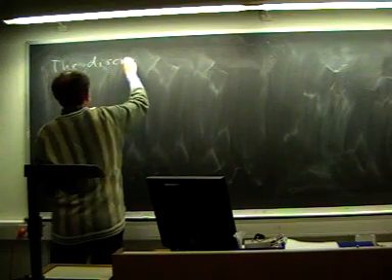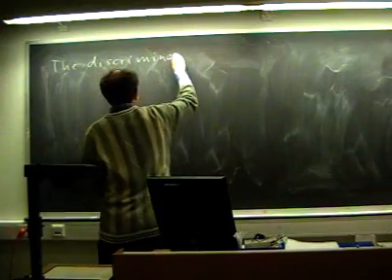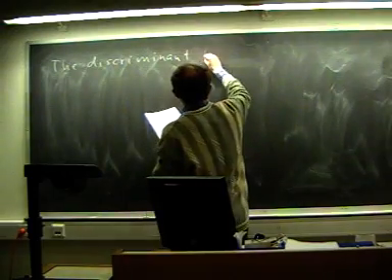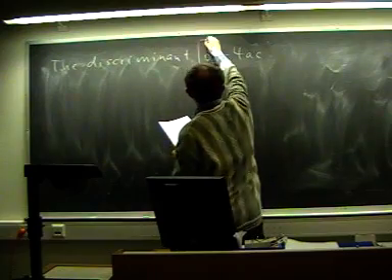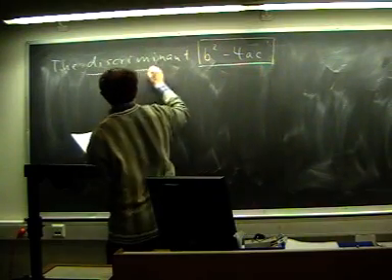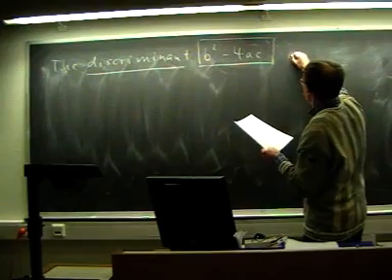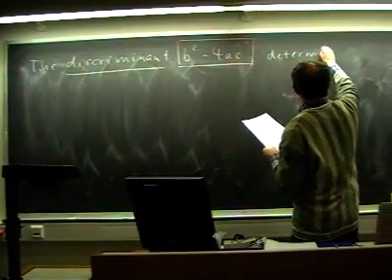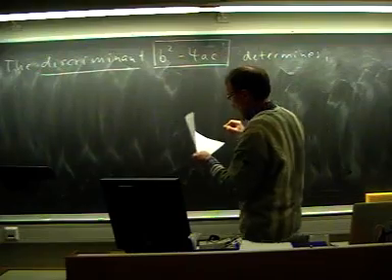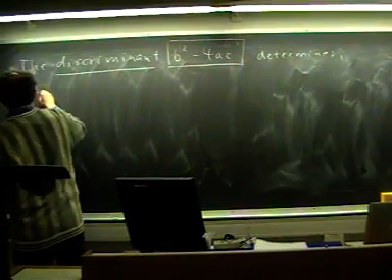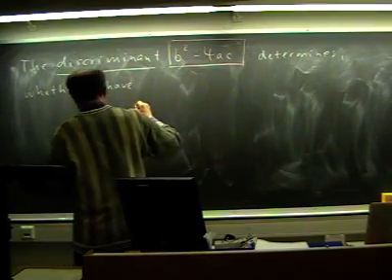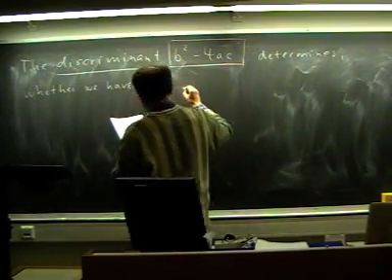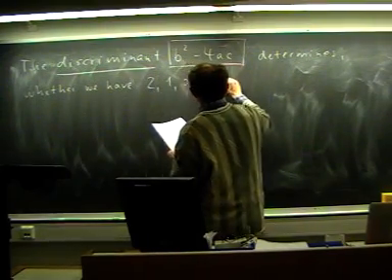So, the discriminant, which is b squared minus 4ac, determines whether we have 2, 1, or 0 solutions.